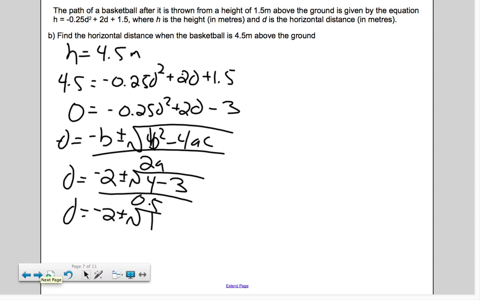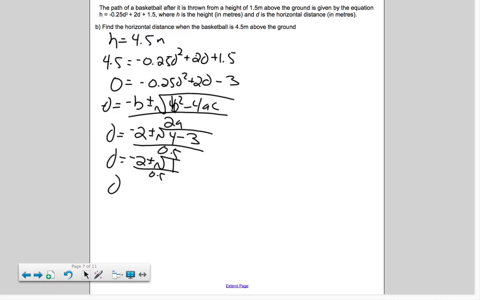This is working out too easy. I don't believe this. 4 times a quarter gives me 1. So d is equal to minus 2 plus or minus 1, over negative a half.